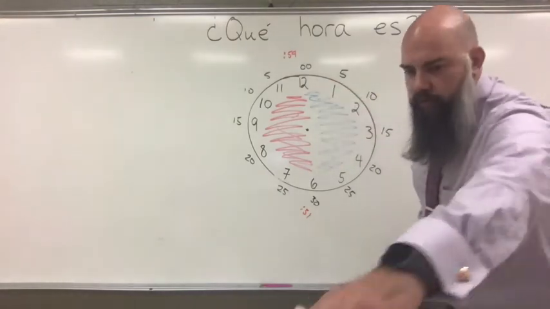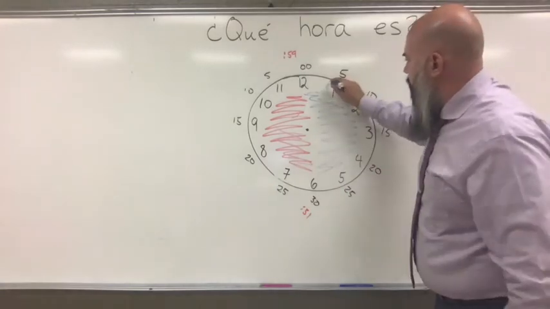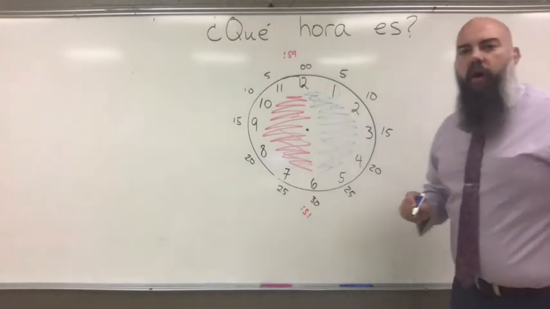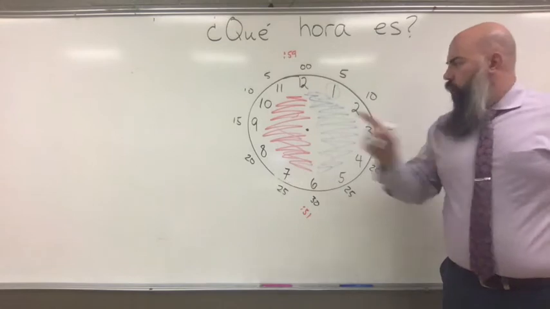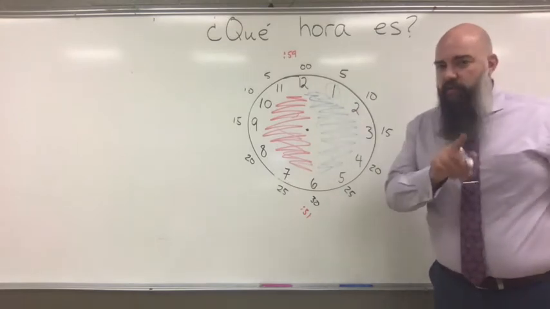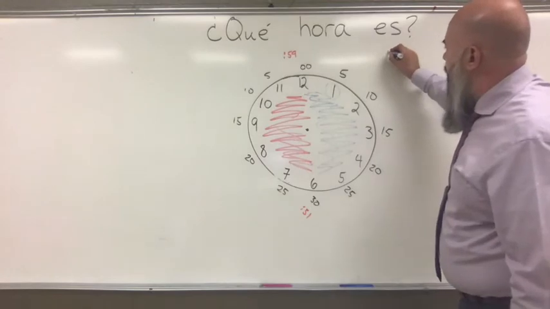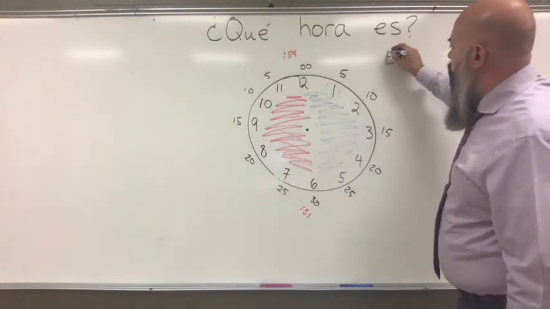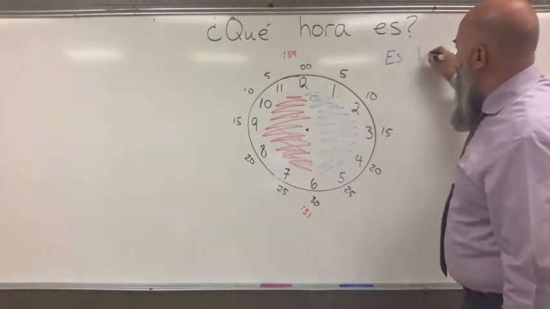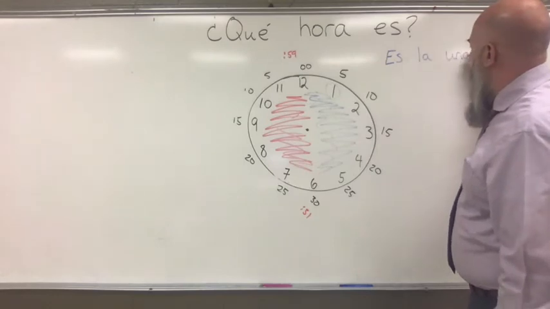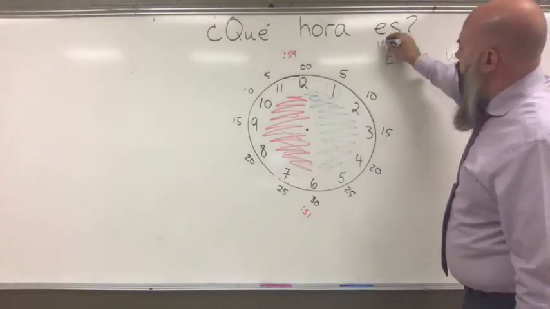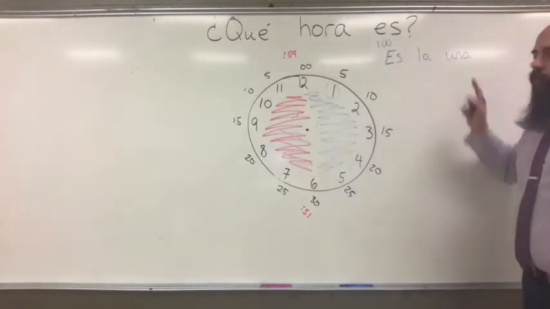Where's my blue marker? We're in happy side now. Light side. All right, for the 1 o'clock hour, we have to do that very same thing. So instead of son las, we will use es la una. That's for 1 o'clock. Es la una.